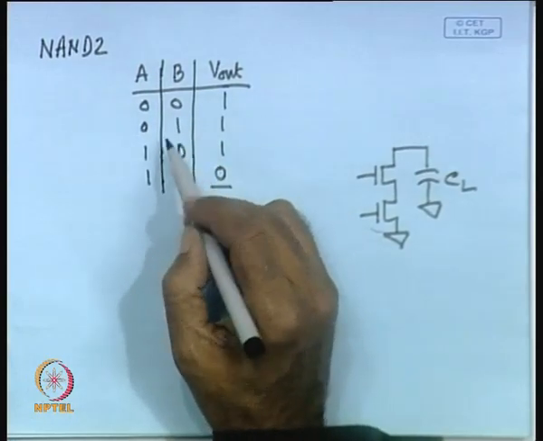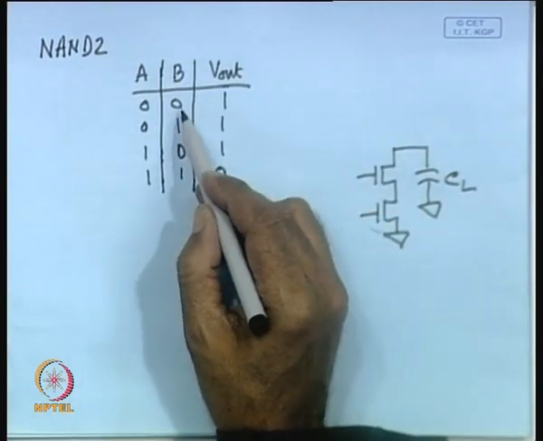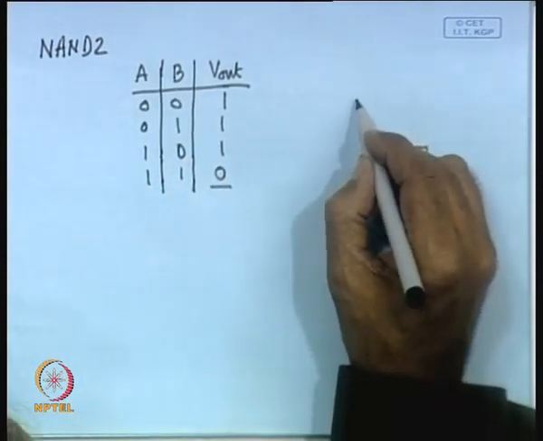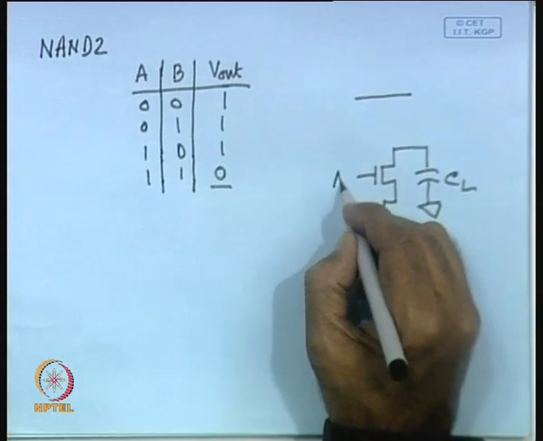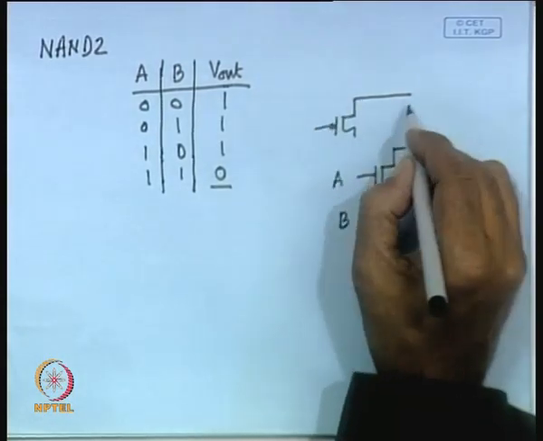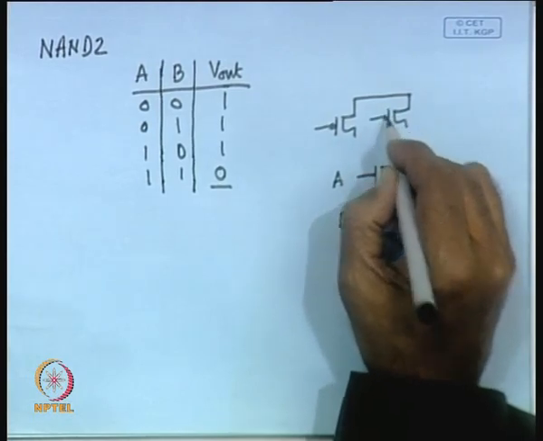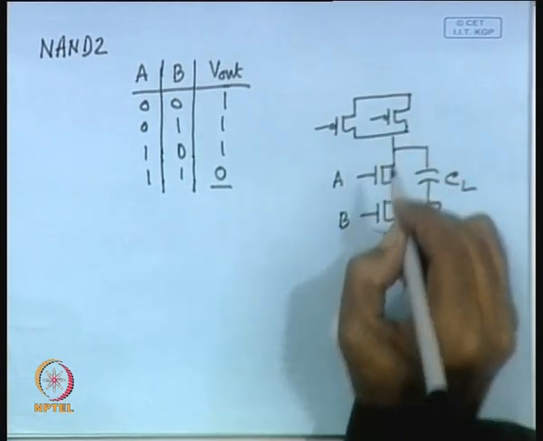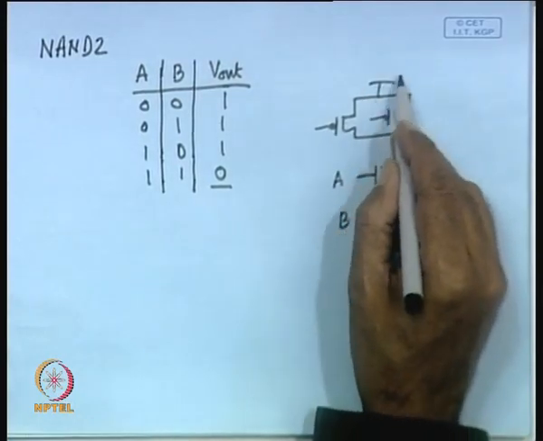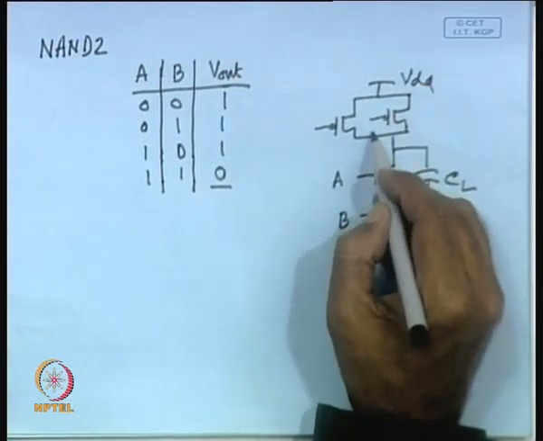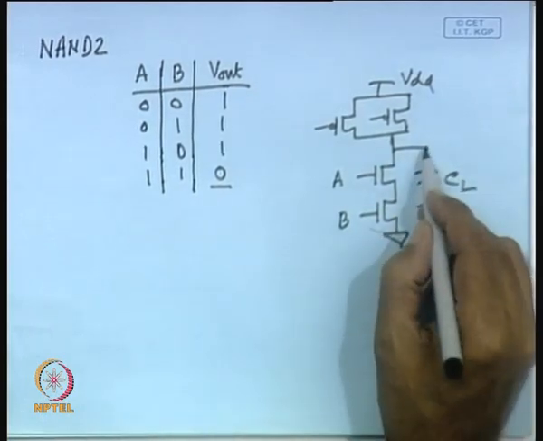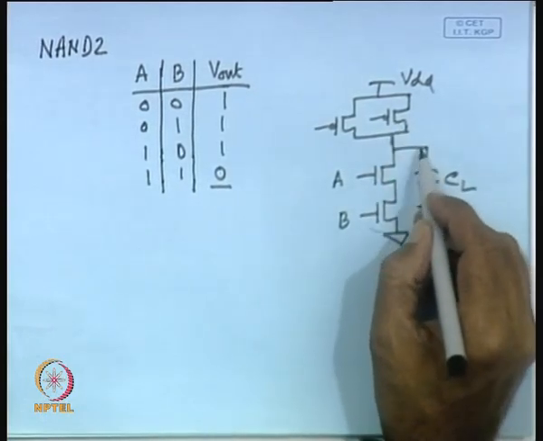You can see here that 1 is produced when any of the inputs is 0. That can be realized by having 2 PMOS transistors in parallel. Whenever any of them is 0, VDD will be connected to the load capacitance, and it will be charged to high level.